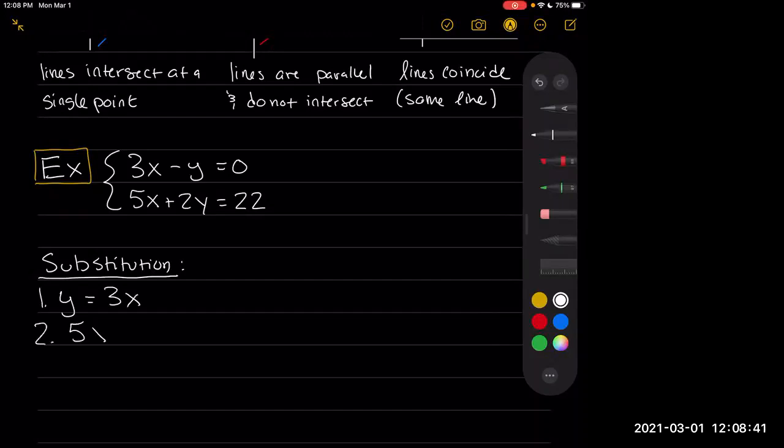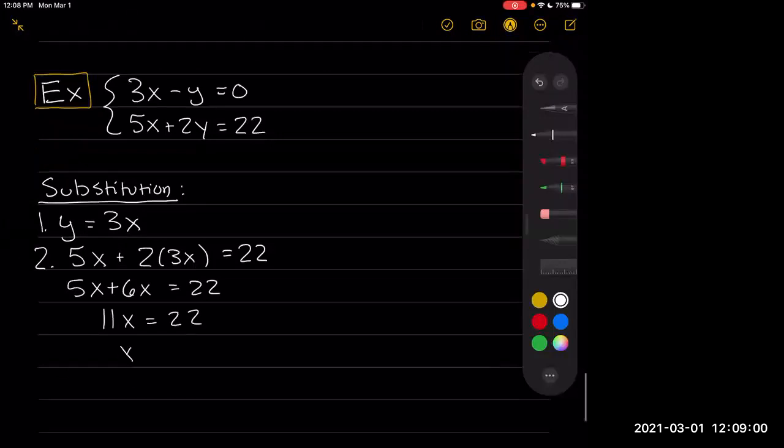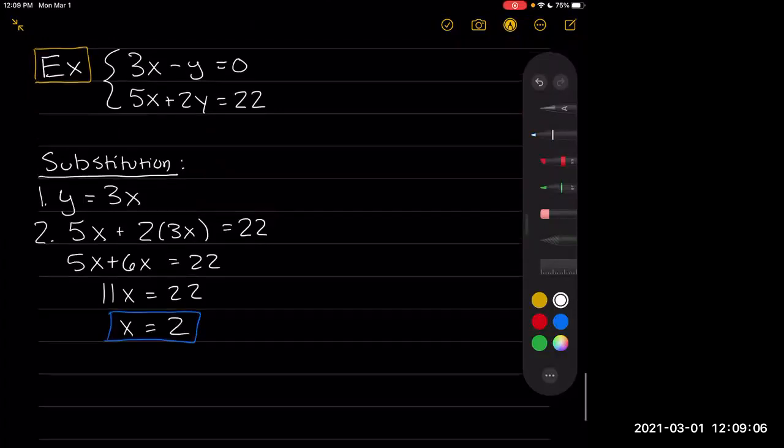So we're going to have 5x plus 2(3x) equals 22. So we're going to end up with 5x plus 6x equals 22, which is 11x equals 22. So that means that x equals 2. And now back substituting in, we're going to plug this into the first equation.